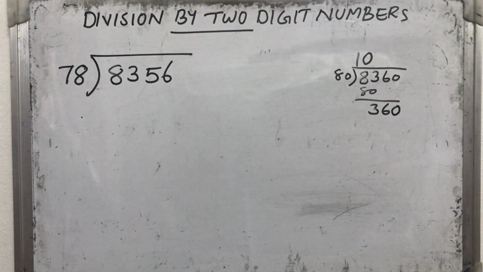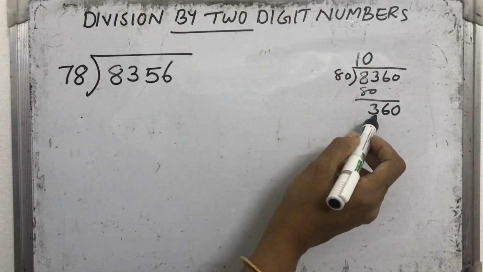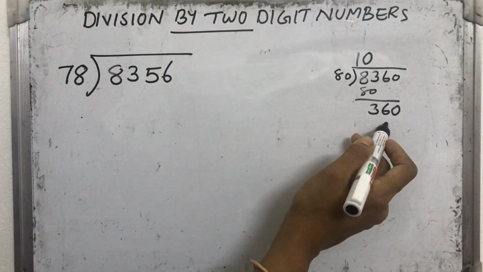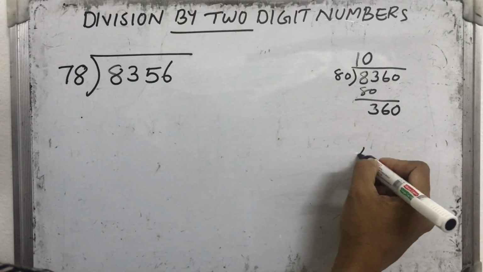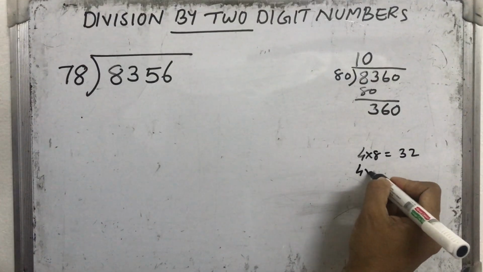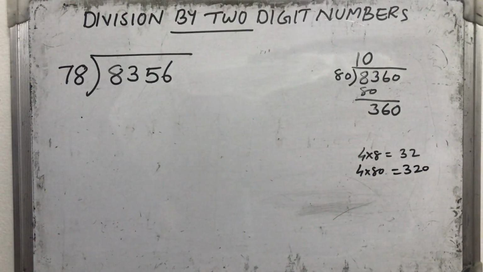When we know the table of 8: 1 into 8 is 8, 2 into 8 is 16, 3 into 8 is 24, 4 into 8 is 32, and 5 into 8 is 40. So if 4 into 8 is 32, what will be the answer of 4 into 80? That will be 320.